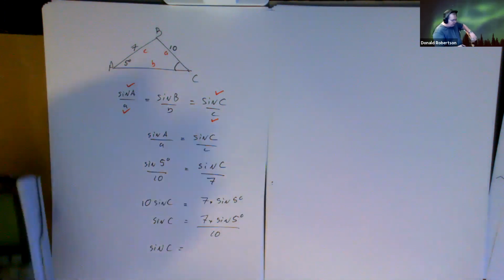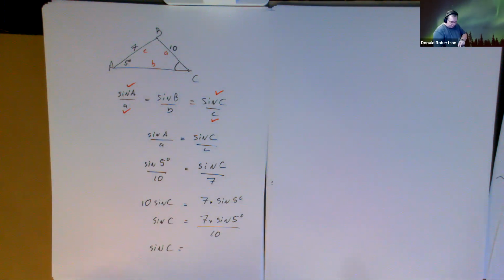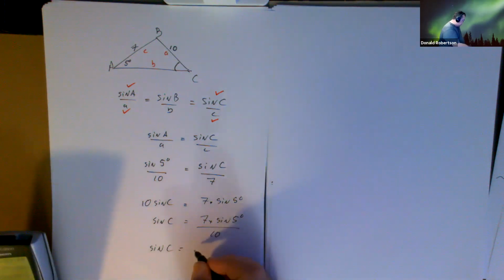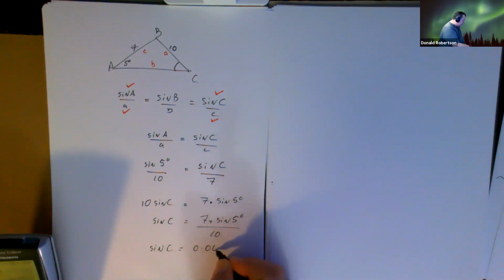And I'm going to find out what that is now. So it's going to be 7 times the sine of 5 divided by 10. And I get 0.061.